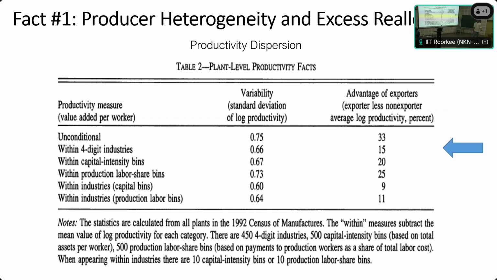But even truck producing firms are very different. The productivity of truck producing firms or shoe producing firms is also very different, even when they are within similar capital intensity rates. That means productivity, the way we produce stuff, is very different. The way we use capital, the way we use labor are very, very different.